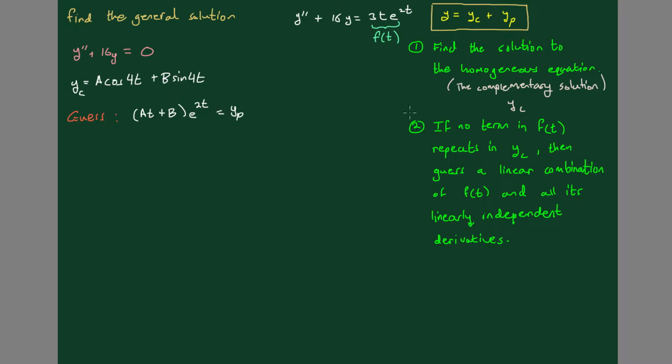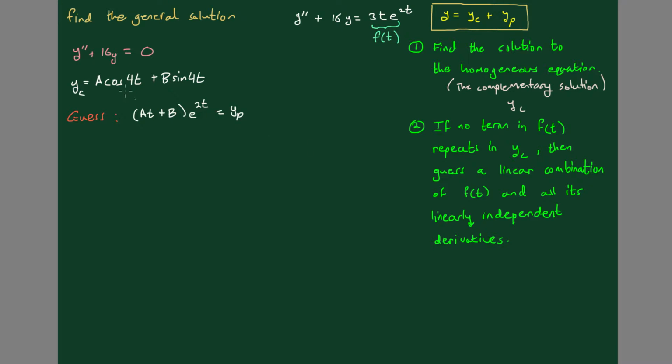And once we have the solution, if no term in f of t repeats in our homogeneous solution, then we are to guess a linear combination of f of t and all of its linearly independent derivatives. Of course, this is assuming that f of t has a finite number of linearly independent derivatives.